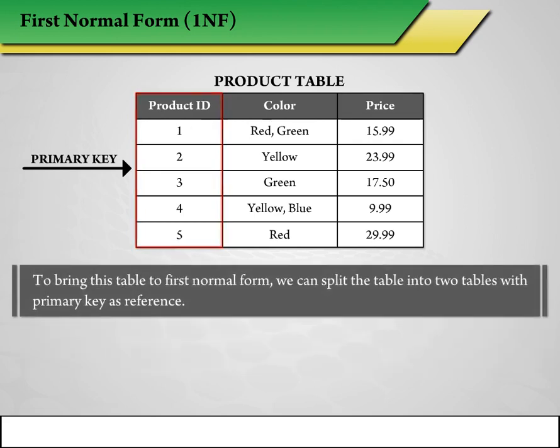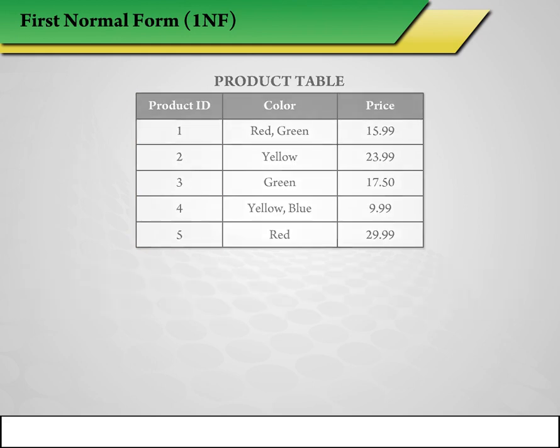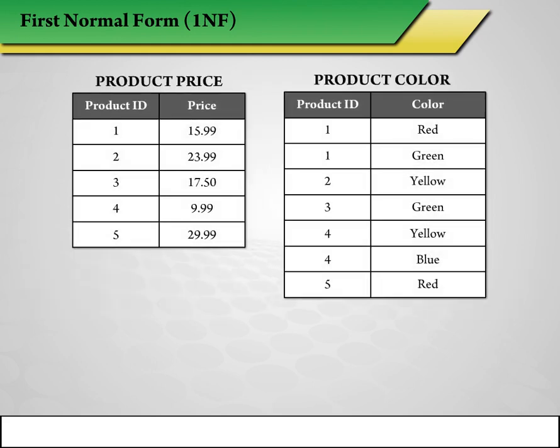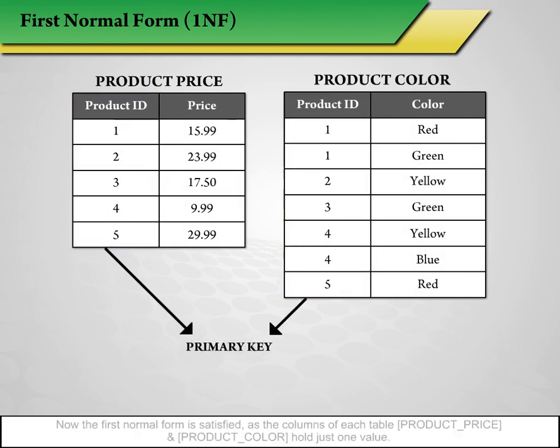To bring this table to first normal form, we can split the table into two tables with primary key as reference. Primary key. Now the first normal form is satisfied, as the columns of each table, product price and product color, hold just one value.